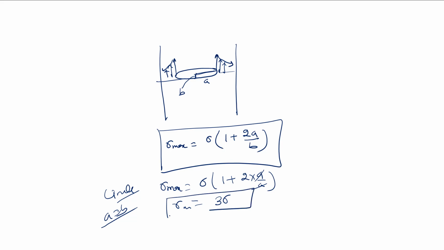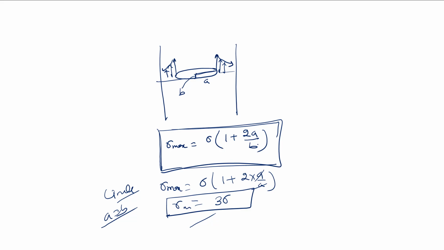So from here also we can understand that the stress concentration reaches up to 3 times in the case of a hole, and in the case of an elliptical crack or elliptical hole, it will go by this formula. According to different a and b, the stress concentration can be high.